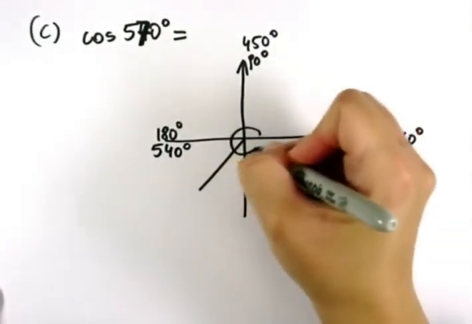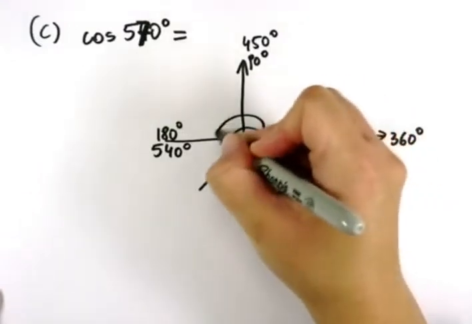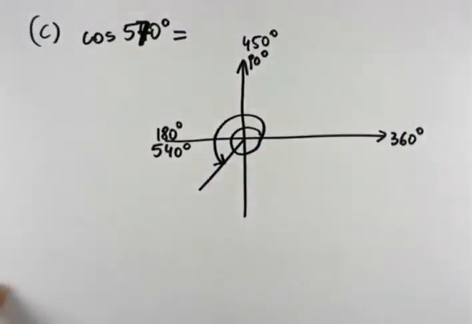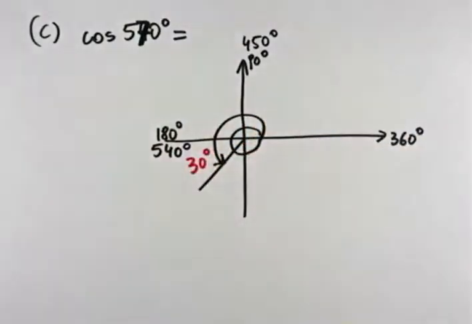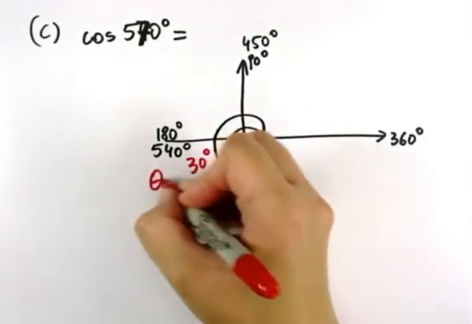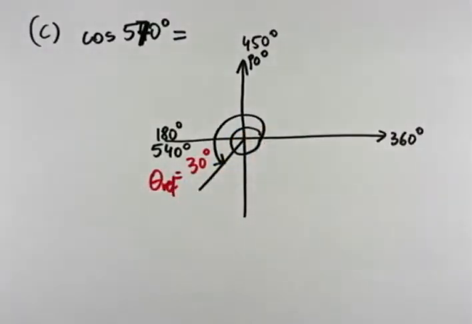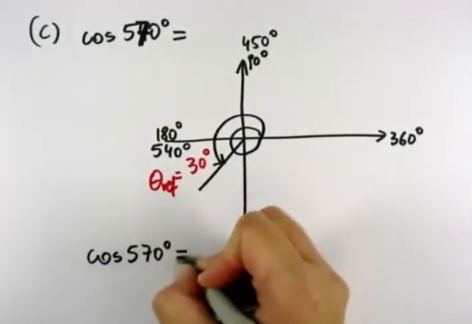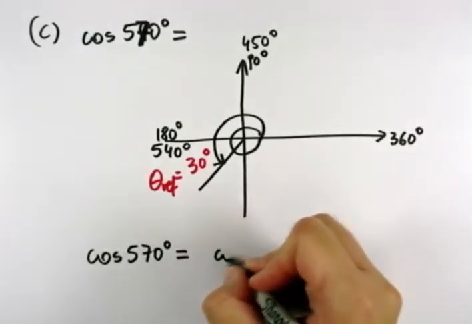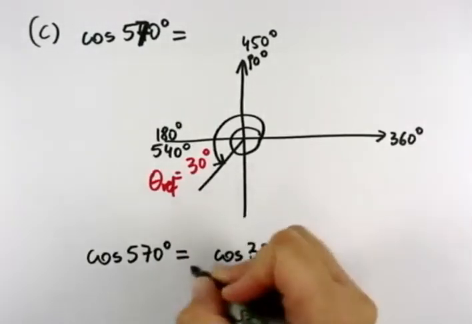We went one rotation, 360, and then we go to 180, and then 540, and a little bit more. So 570. How much more did we go? 570 minus 540 is 30 degrees. So this one is the 30 degree reference angle. So cosine 570 degrees is equivalent to cosine of the reference angle, up to the sign.